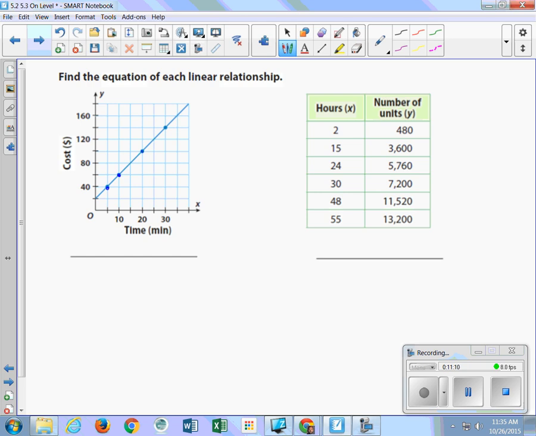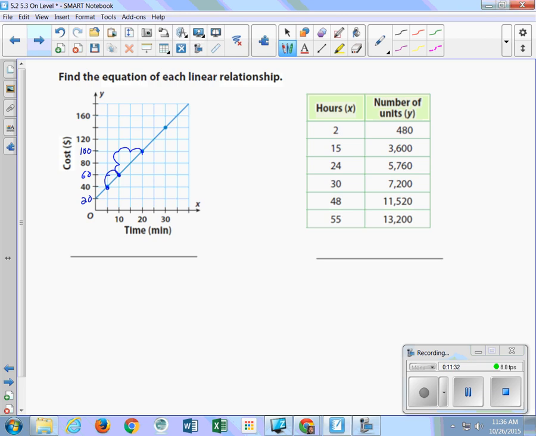So if you notice, it's going up by 40. And this is going up by 20 here. So that's 20, 40, 60, 80, 100. So if I go up, that's 20 over 20, or 40 over 40.